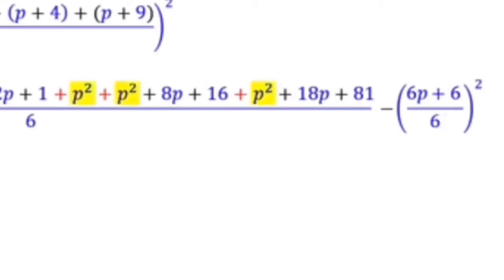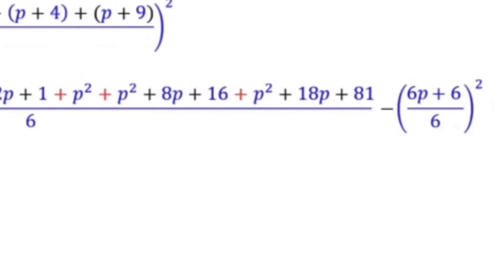Then you have to simplify your p squared. How many p squared do you have? You sum up all the p squared, then all the p, and then all the numbers, so you will get your answer in simplest form.